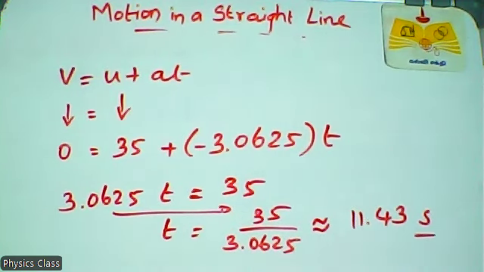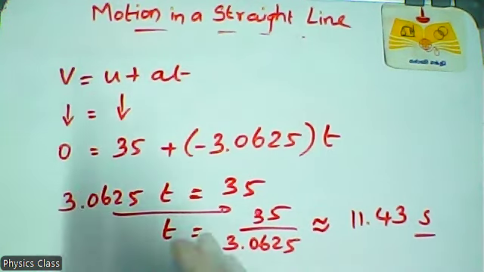Approximately it takes 11.43 second. With distance 200 meter, initial velocity, and final velocity 0, when you apply the brake the car will come to a stop at 11.43 second, approximately 12 second.